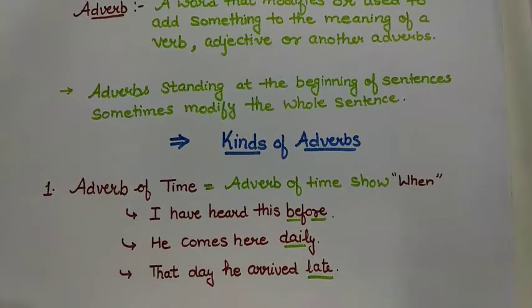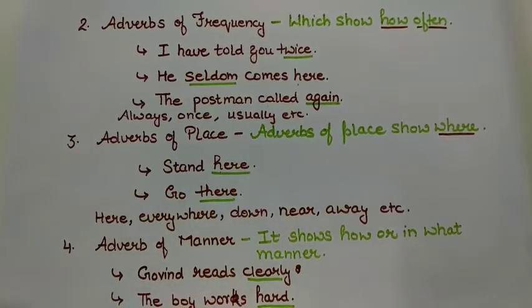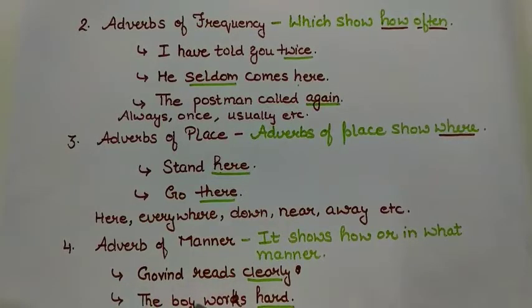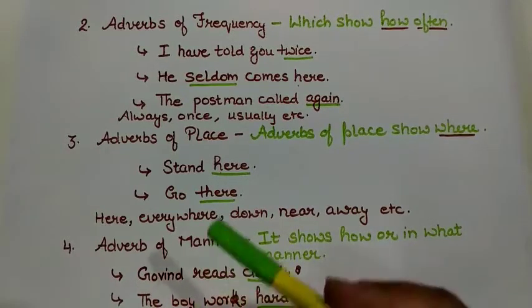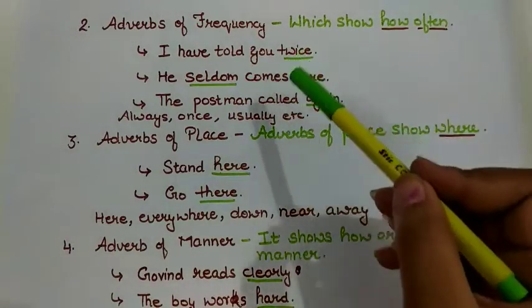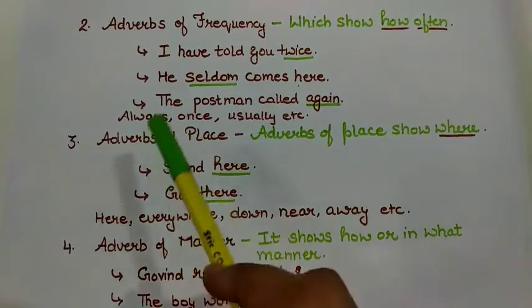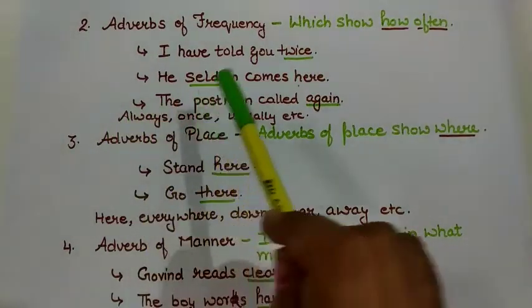After adverb of time, let us move to the next type. This next type of adverb is adverbs of frequency. Adverbs of frequency show how often, means how many times the work is being repeated. Let's try to understand with examples. I have told you twice. Twice is showing how many times the action happened. Next example: He seldom comes here.